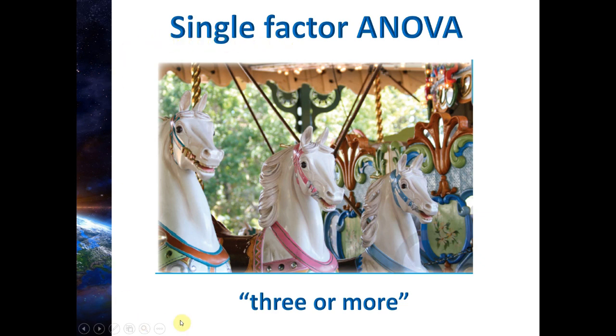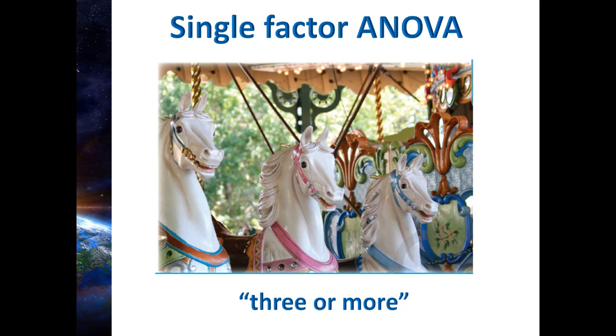And if we scoot down here, the 3 or more means that we have 3 or more levels of our independent variable, which means we have 3 or more means that we want to compare. And this analysis is appropriate in that situation. You would not want to use t-tests if you have 3 or more means to compare. And we are going to lead into that discussion in just a second.